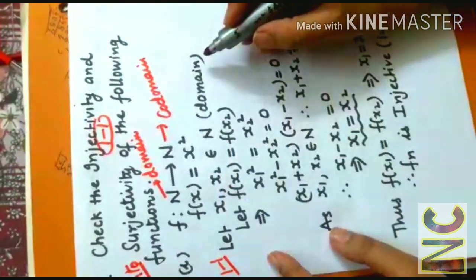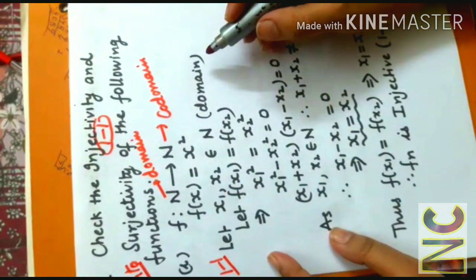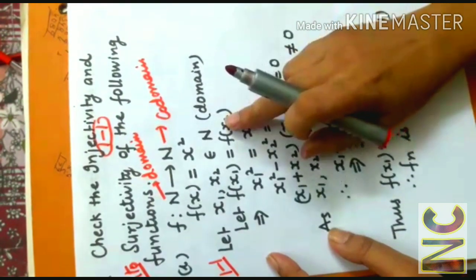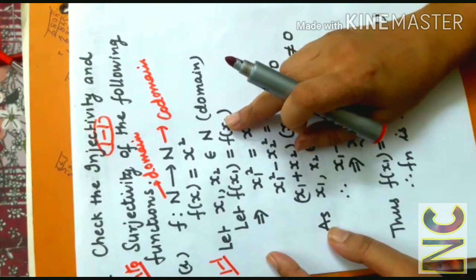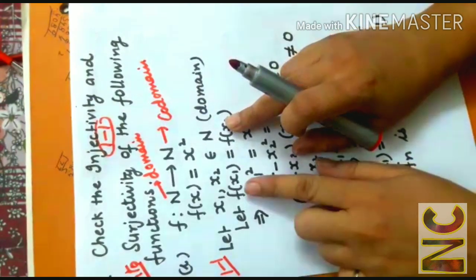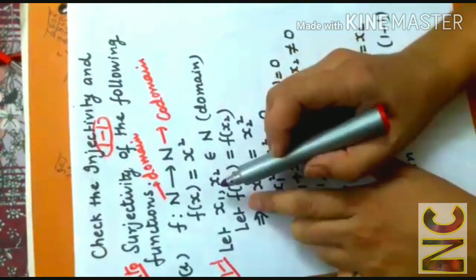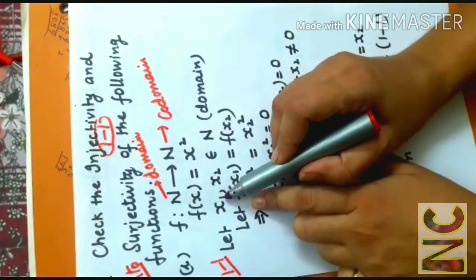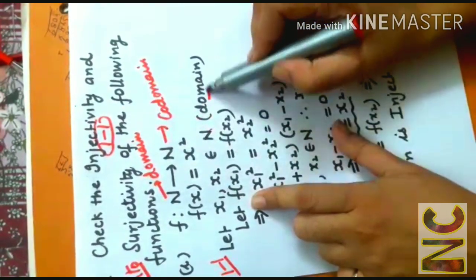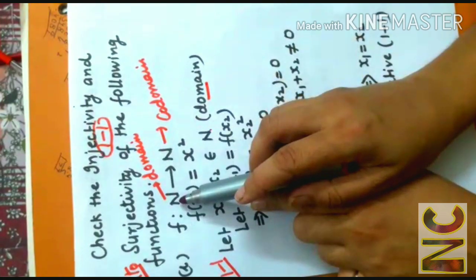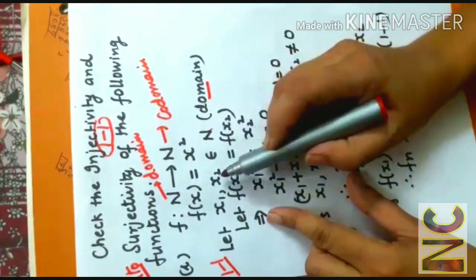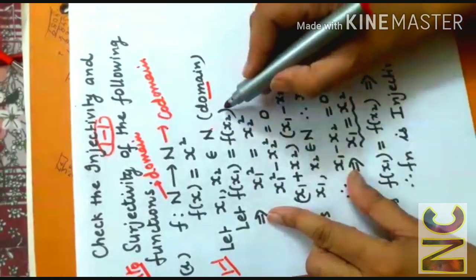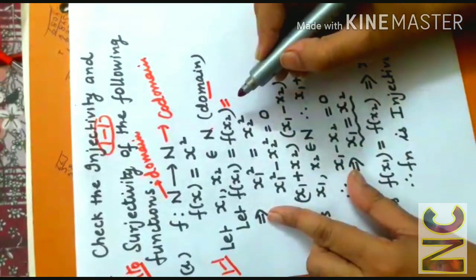We know that a function is one-to-one when distinct elements of the domain have distinct images. So here I'll take two elements x1 and x2 in the domain, that is in this set N, and I assume that their images under the function f are same.